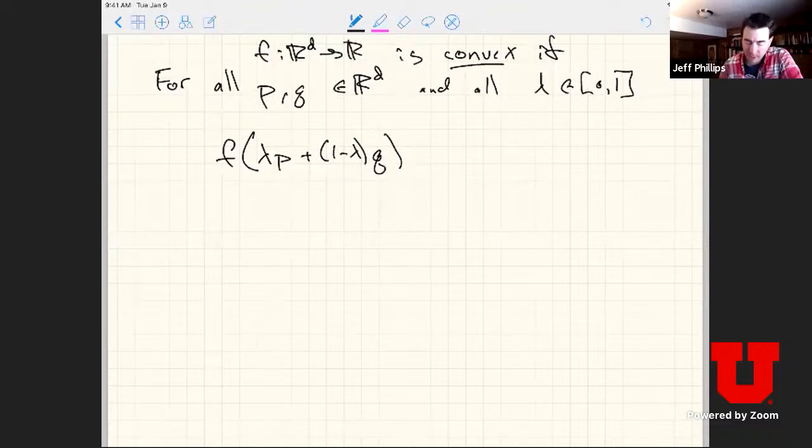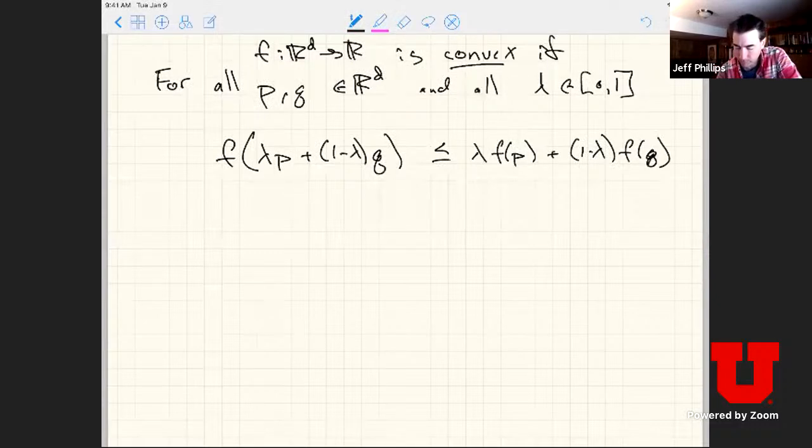So if I evaluate that point, that's any point on that line, then this is going to be less than or equal to lambda f of p plus (1 minus lambda) f of q.